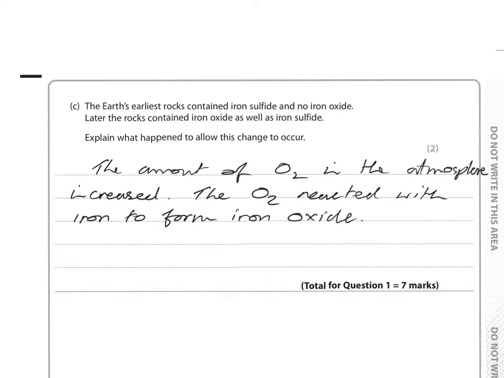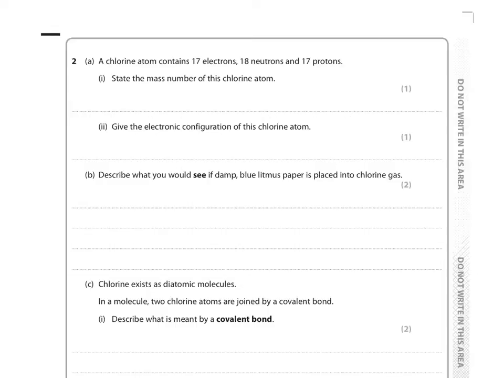And it would be okay to say that the iron in the rocks was oxidized, but as long as you've got that idea that there was a chemical reaction between the iron in the rocks and the oxygen in the air to form iron oxide.